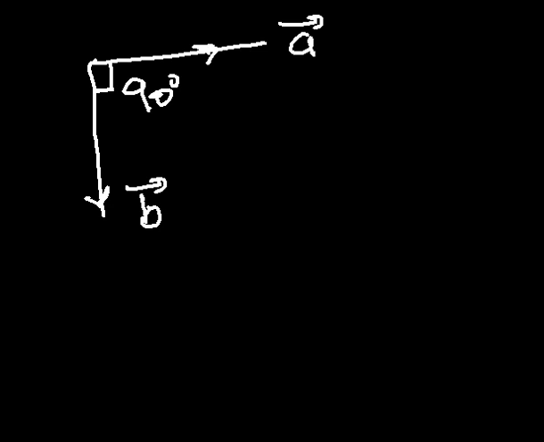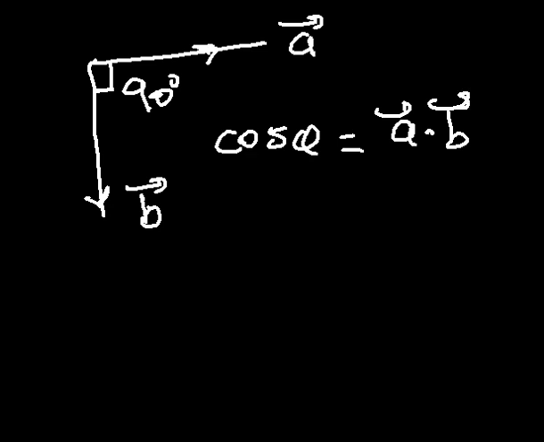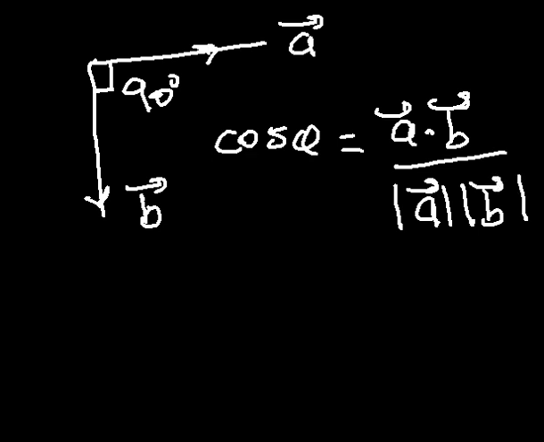Using the dot product of the vectors, we should understand that cos theta corresponds to the dot product of the two vectors divided by the product of their respective magnitudes. This is the formula you use to find the angle between two vectors using the dot product.